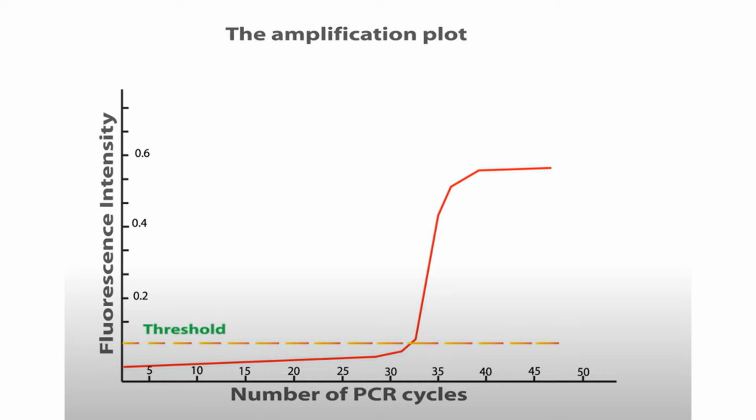This is our cutoff, meaning any increase of fluorescence over the threshold is significant. Fluorescence below that is not important. It is set to differentiate relevant amplification from the background.